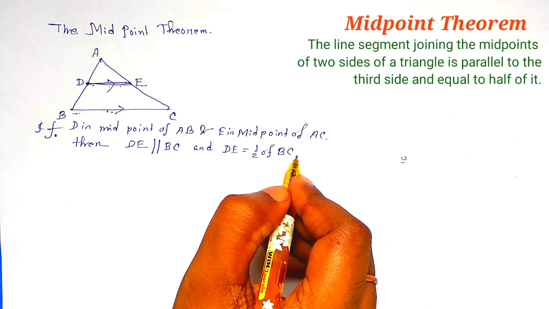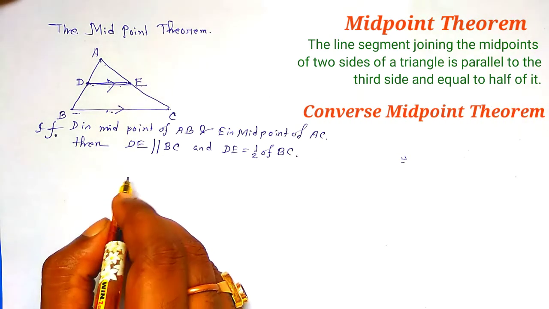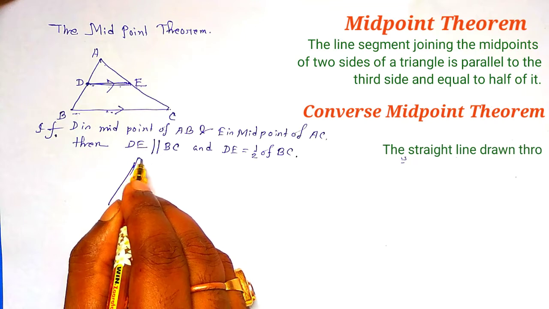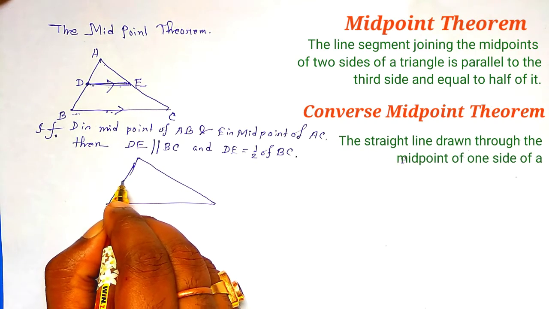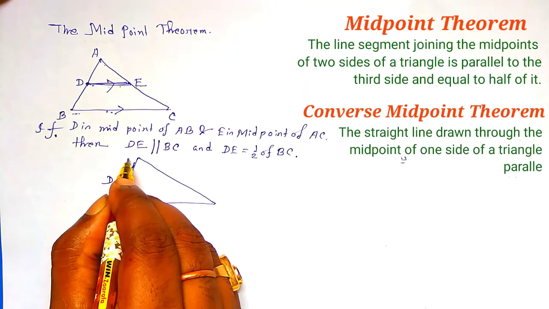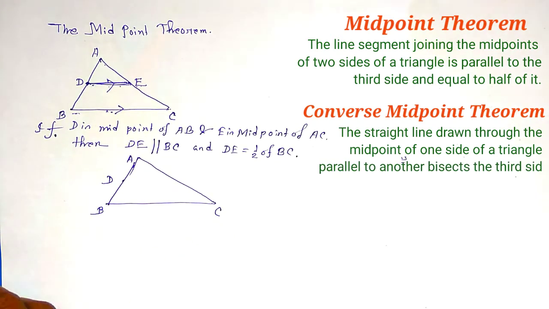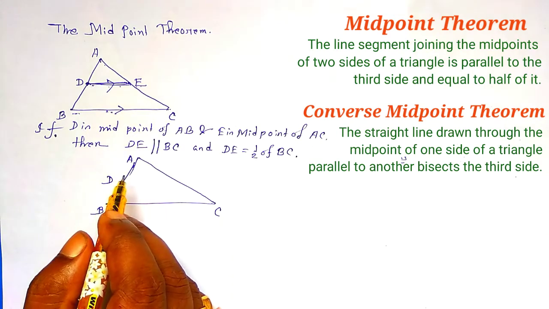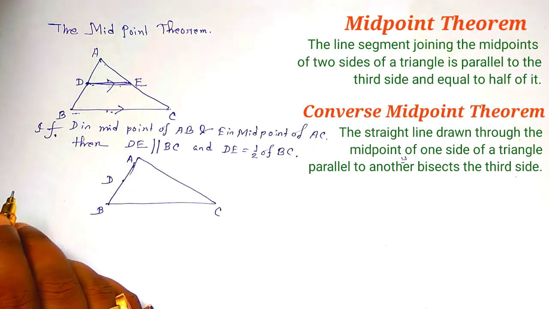And now we will learn the second theorem. What is the second theorem? See, I am drawing here again the same triangle A, B, C. Actually, this theorem is the vice versa of this one.